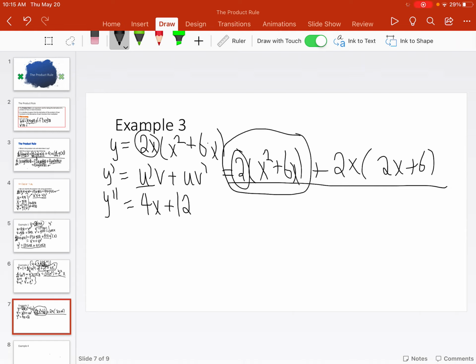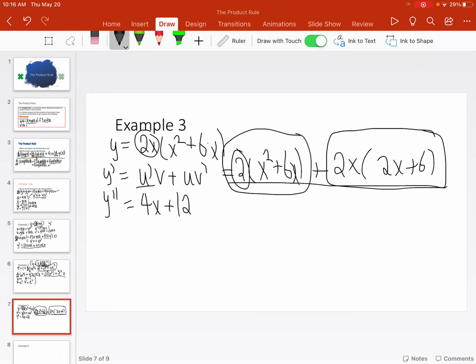But noticing our second function, we could distribute in and use the power rule. That's one way. But we're going to use the product rule because we're working with the product rule here.